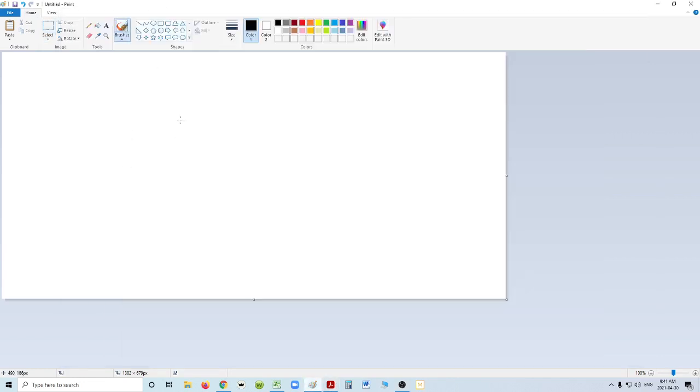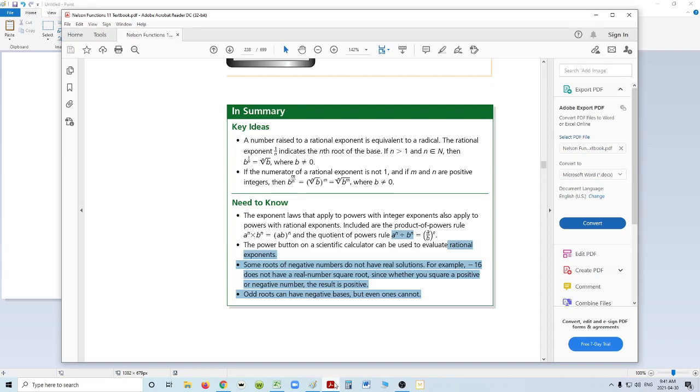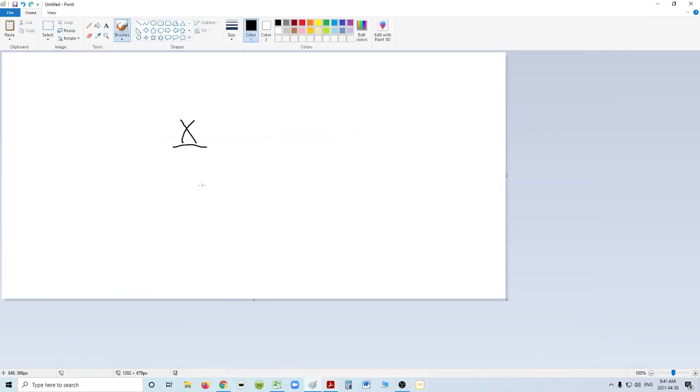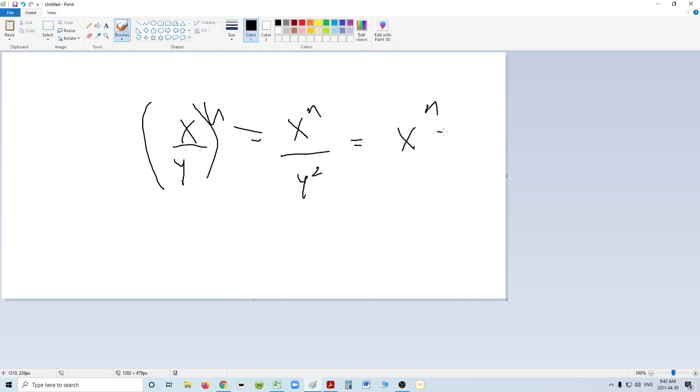When you have x and y, all to the n, that can be rewritten as x to the n divided by y to the n. And it's just to show that the exponent can be attributed to each individual term. You can't subtract them here because x and y aren't the same base.